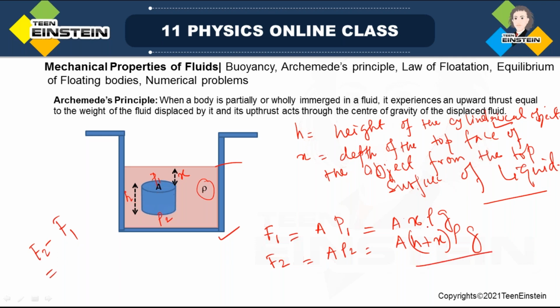If we do that, F2 minus F1, A into X rho G. Oh, I'm sorry, there will be H, not X. X will go off, because if you take the difference, X will cancel.